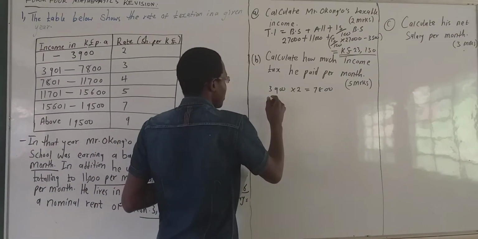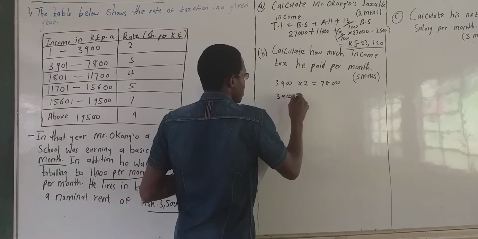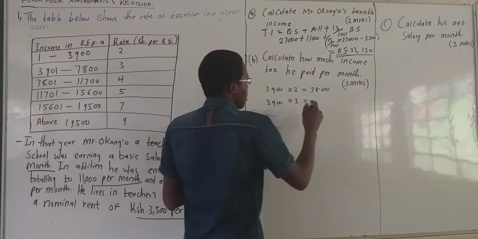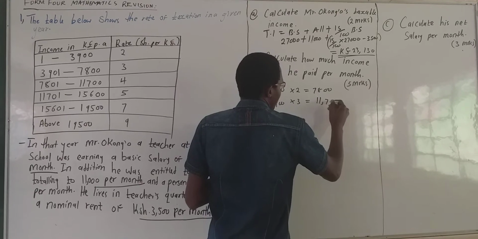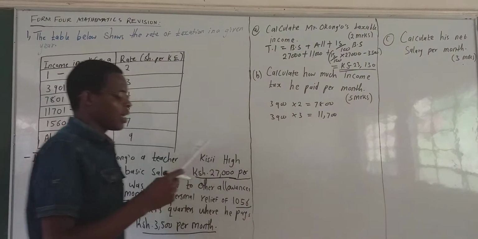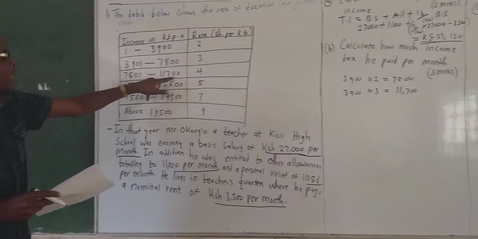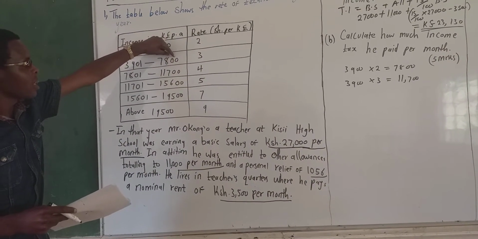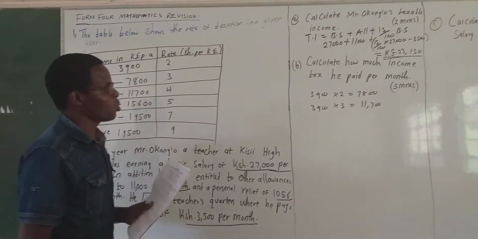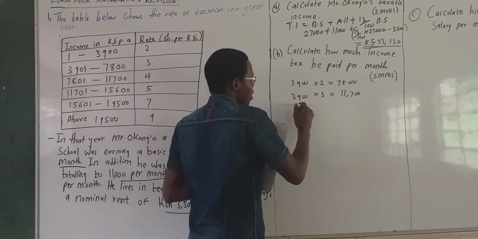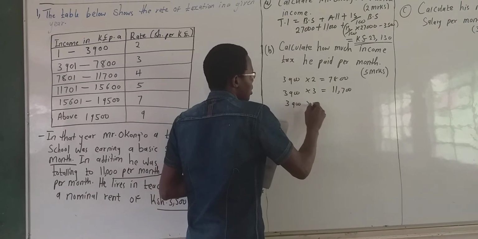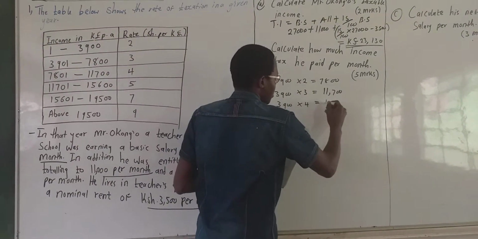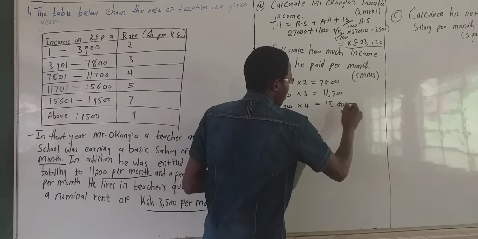So we have 3,900 times 3, which gives us 11,700. The third one here is 11,700 minus 7,800, which is also 3,900. So we have 3,900 times 4, which gives us 15,600.